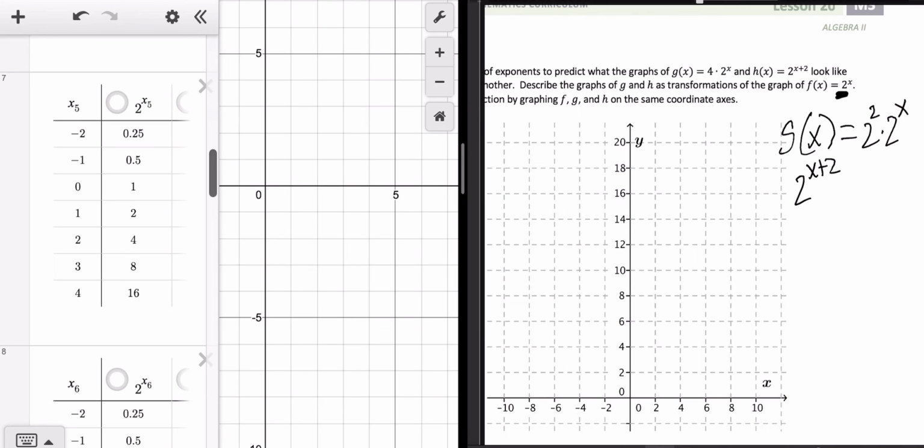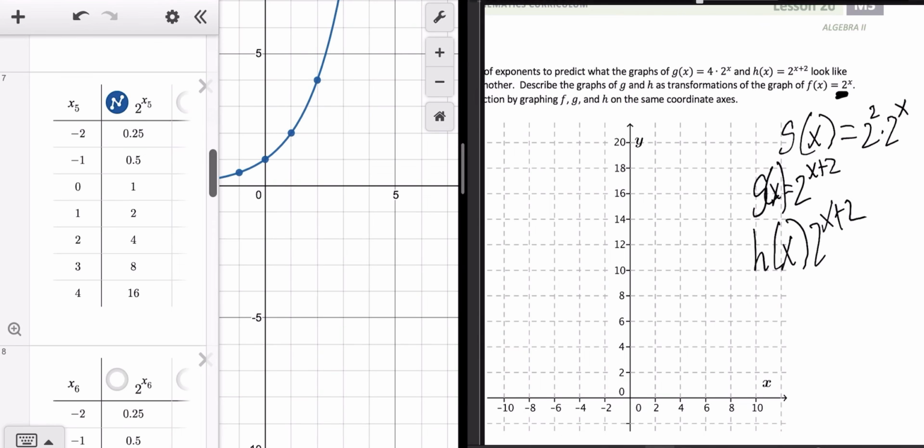Same base, we multiply, so we add the exponents, right? So g of x is now equal to this. So let's look at h of x. Well, that's the same thing. So those are going to be the exact same thing. All right, let me see how I graph this for you.